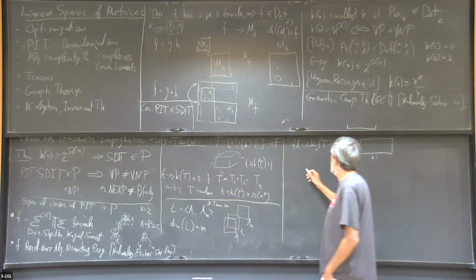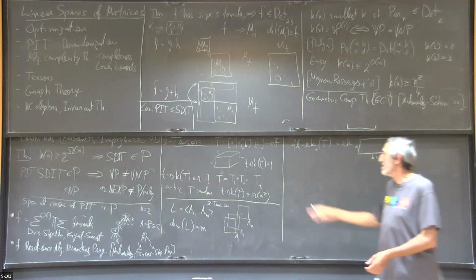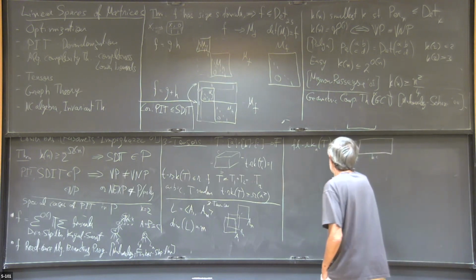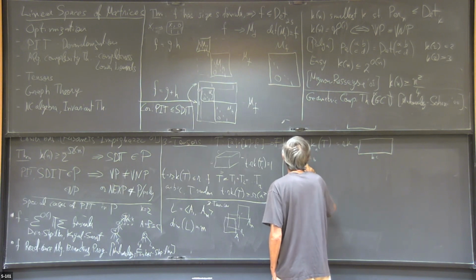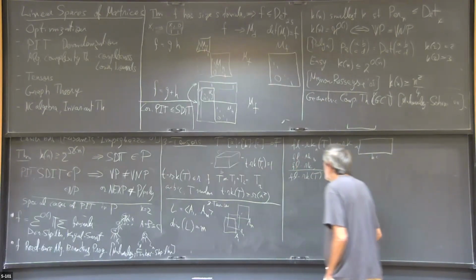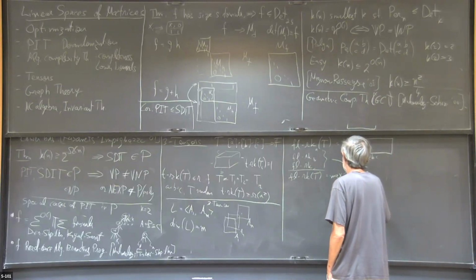You can similarly look at the rank in the other directions, and the rank here is really a lower bound. The flattening rank of a tensor is just the maximum of these.